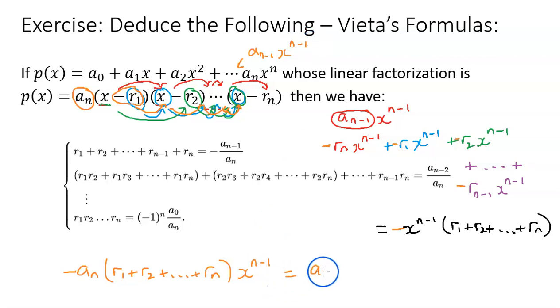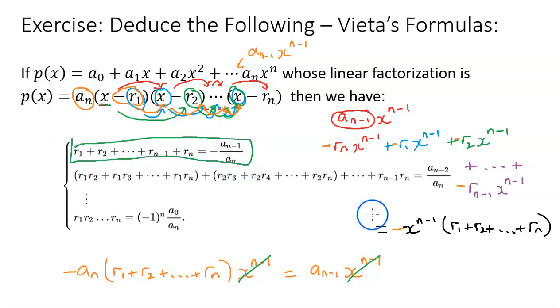And then from there this should be true for every complex number x, and so we can divide both sides by negative an to arrive at the first of Vieta's formulae.